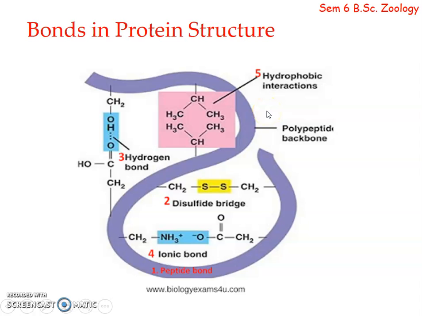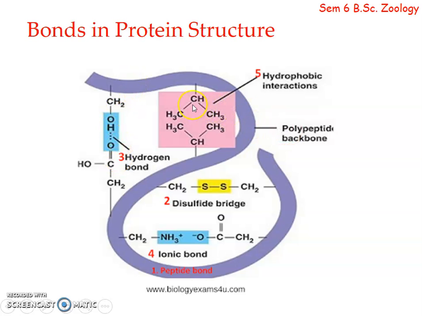We saw that there are two kinds of covalent bonds, the peptide bond and the disulfide bond. The non-covalent bonds include the ionic or electrostatic bonds between the amino group of the basic amino acid and the carboxylic group of the acidic amino acid, and the hydrogen bonds between hydrogen and oxygen or nitrogen atoms, between different amino acids.